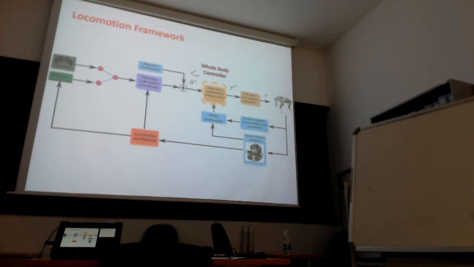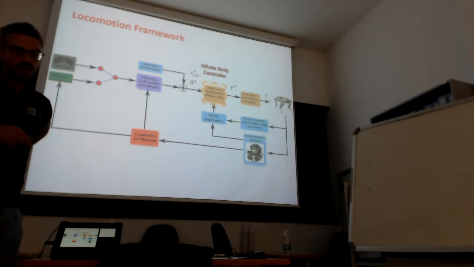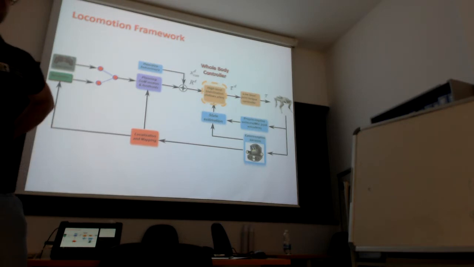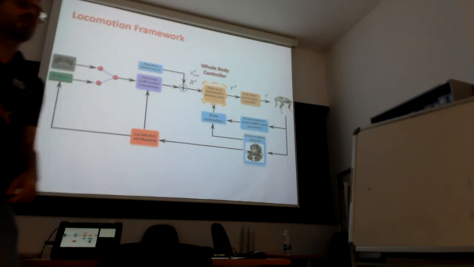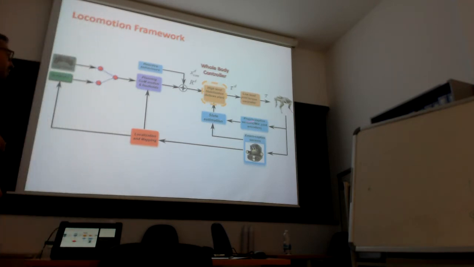And these are transformed, in a way that I will show you, into desired torque commands. The whole body controller, of course, needs knowledge of the state of the robot, so of the pose of the trunk in space.